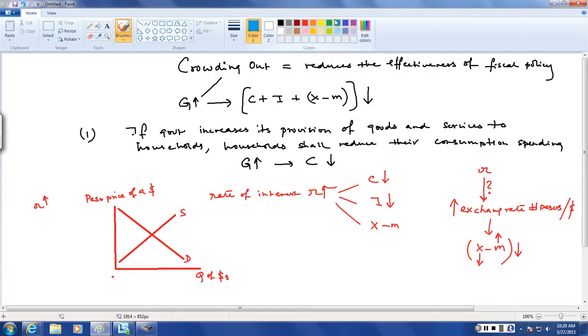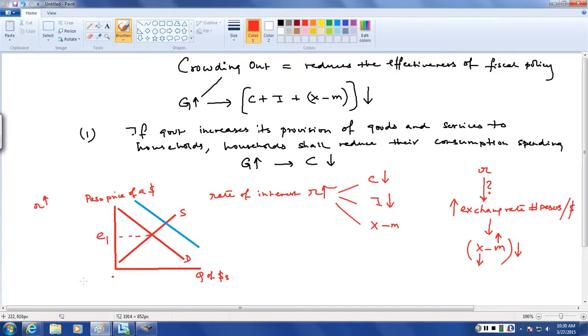Well, the demand for dollars would increase. There is an increase in the demand for dollars by these Mexicans trying to buy dollars. Is that correct? So what does that do to the peso price of a dollar? The peso price of a dollar used to be this. So let me call this E1.